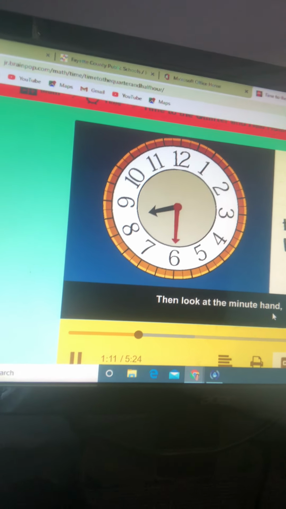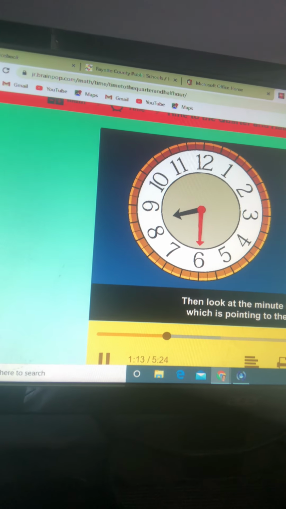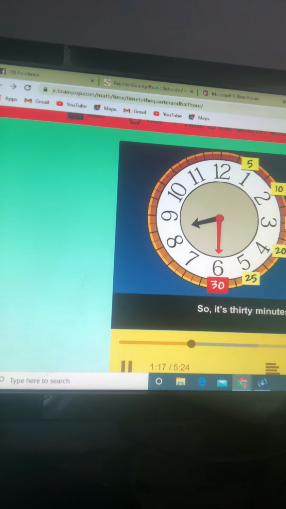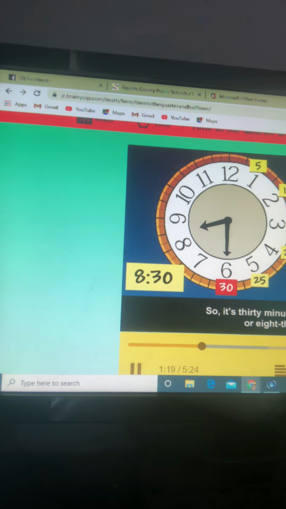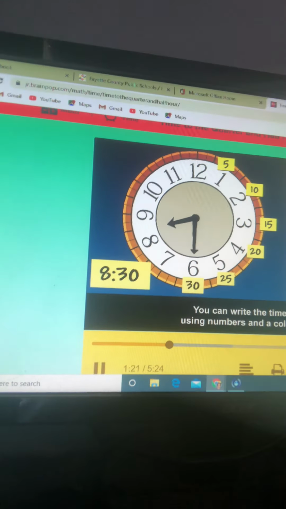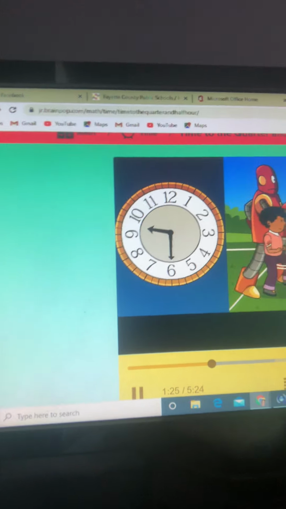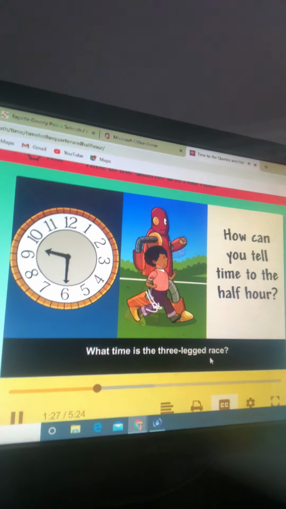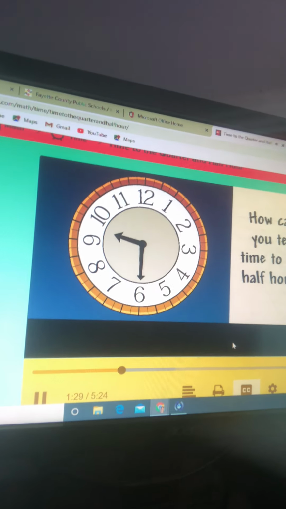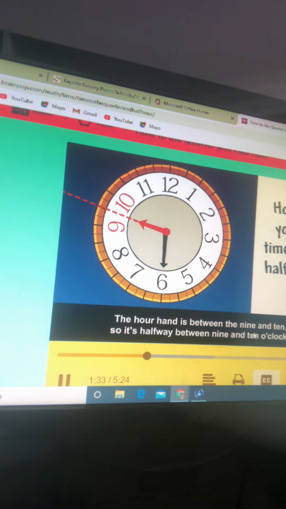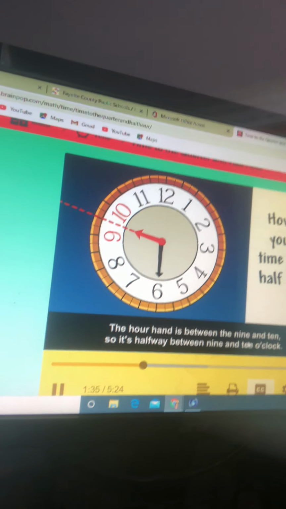Then look at the minute hand, which is pointing to the 6. So, it's 30 minutes past 8, or 8:30. You can write the time using numbers and a colon. What time is the 3-legged race? The hour hand is between the 9 and 10, so it's halfway between 9 and 10 o'clock.